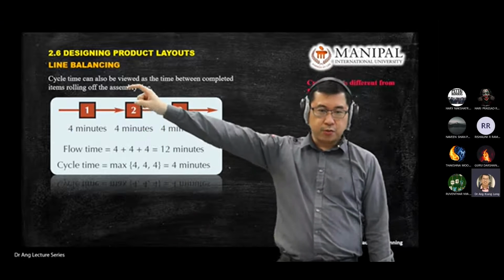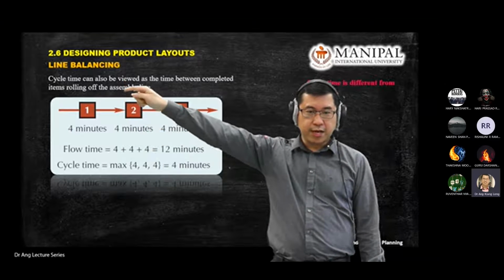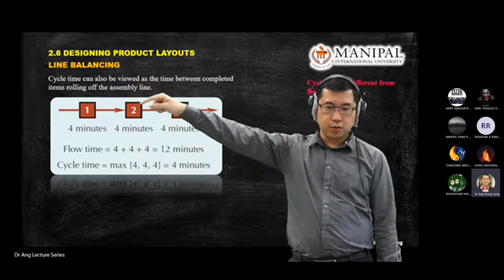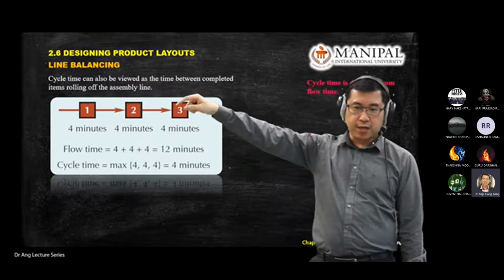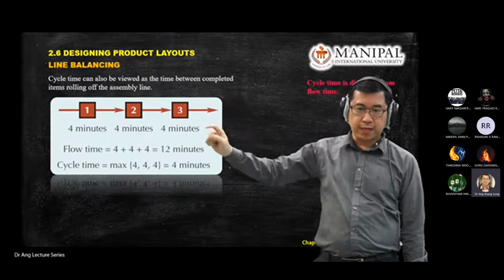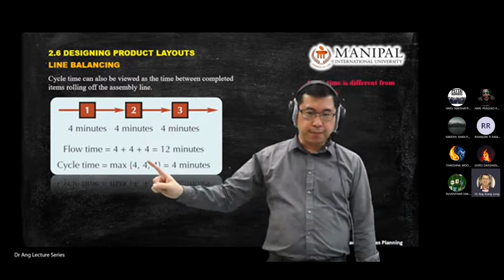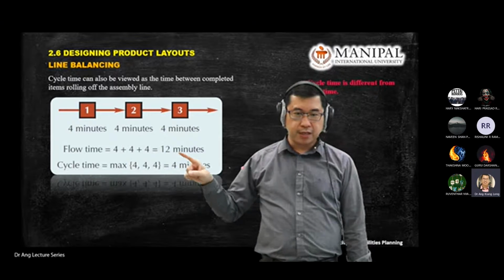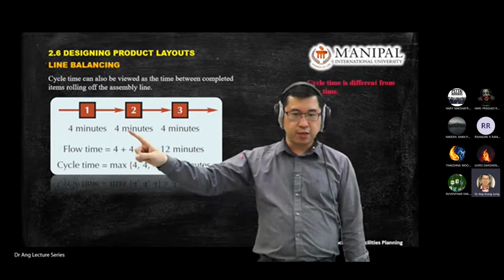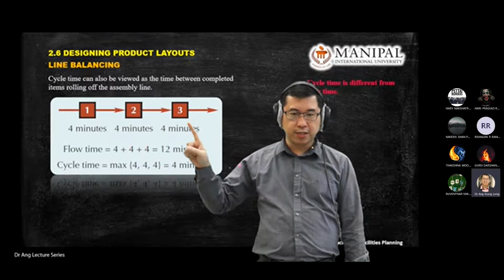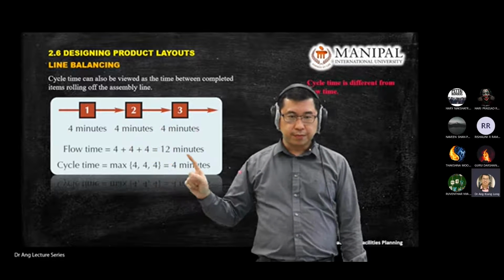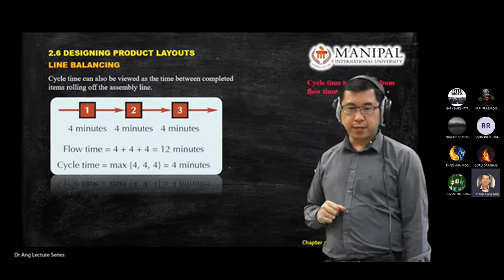So let's say workstation number 1 requires 4 minutes, station 2 requires 4 minutes, station 3 requires 4 minutes. Your flow time is 12 minutes. You add station 1 time, station 2 time, station 3 time together, you get 12 minutes.